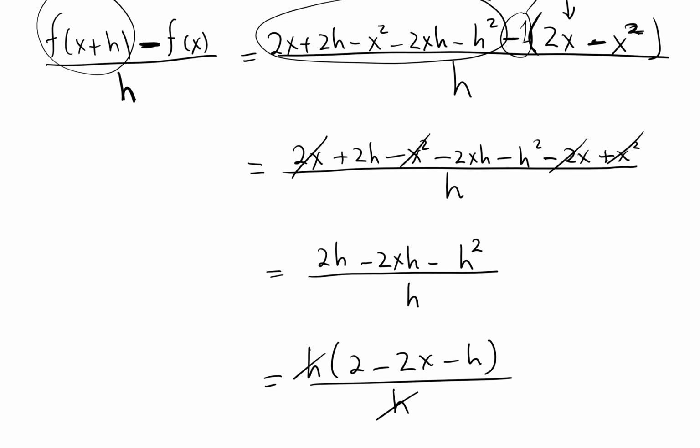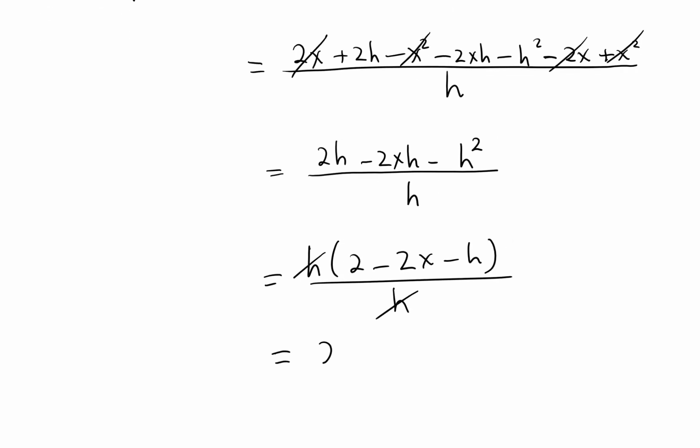I factored an h out. So the only thing left, 2 minus 2x minus h. So this is very important stuff. We're going to use it later on. All this is associated with functions.